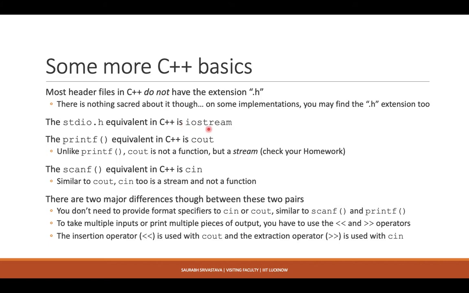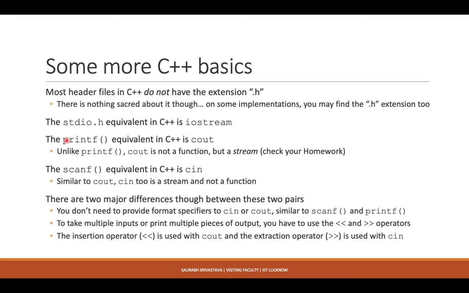Keep this in mind: it is just iostream, not iostream.h. There are some implementations, like Turbo C++, where I guess you have to add .h, but in most implementations it is not required, so you just have to put iostream.